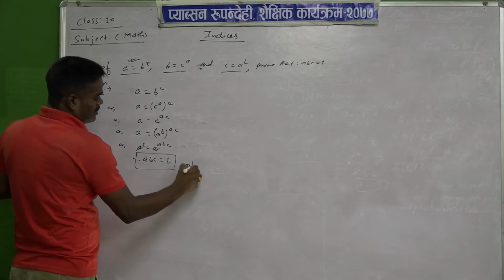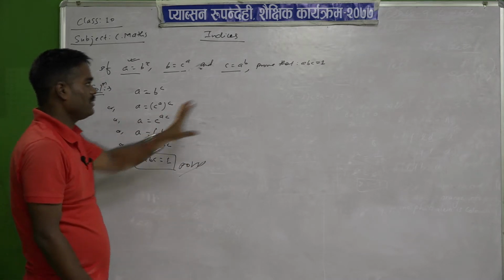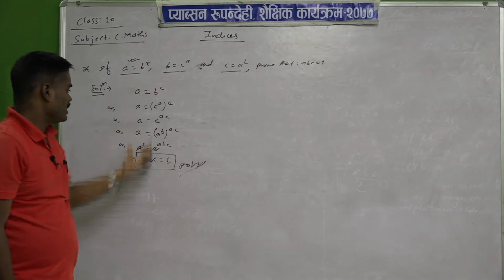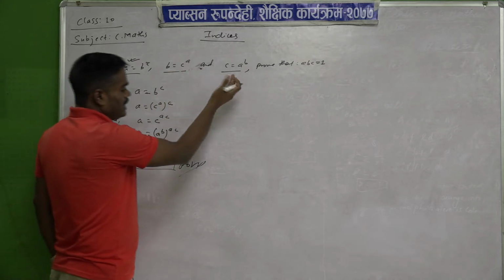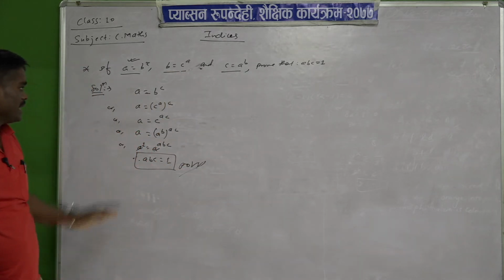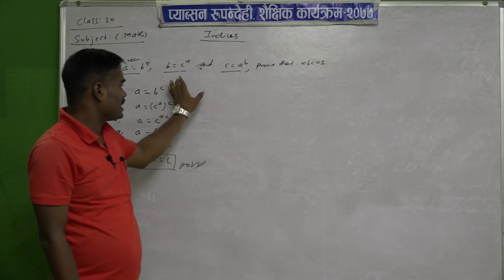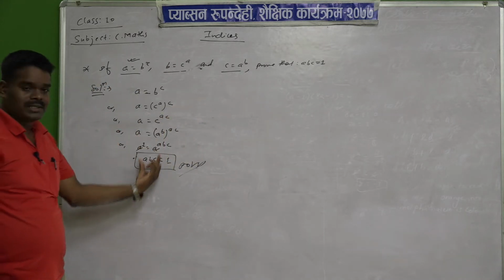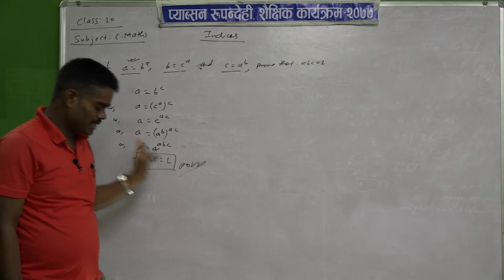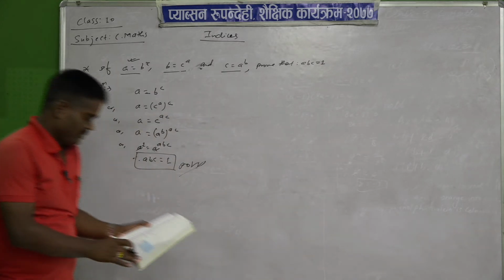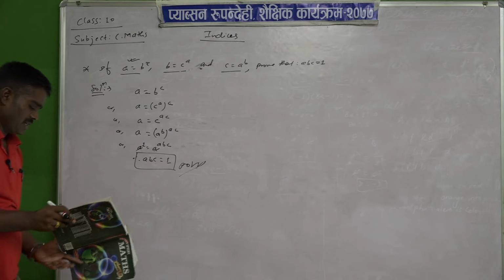This is proved. So likewise you have to do this. Out of these three conditions, any condition you can choose, and then keep their respective values given here, and lastly you will get the answer. So in this way you have to do the problem.